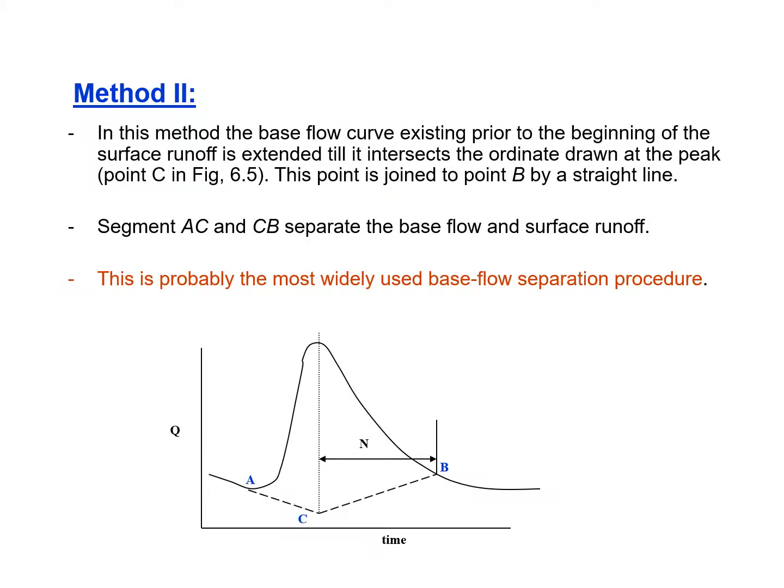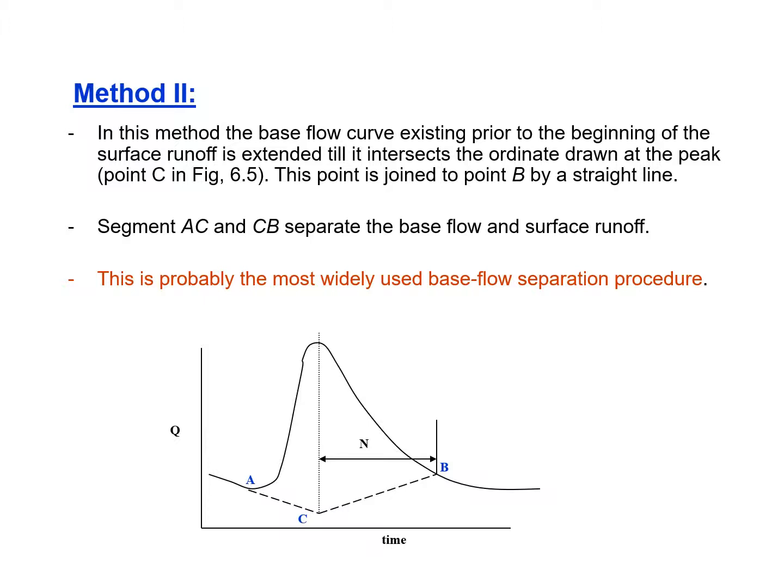Method 2: the base flow curve existing prior to the beginning of the surface runoff is extended until it intersects the ordinate at the peak, that is point C. So you have a line from A to C, and then point C is joined to point B by a straight line.